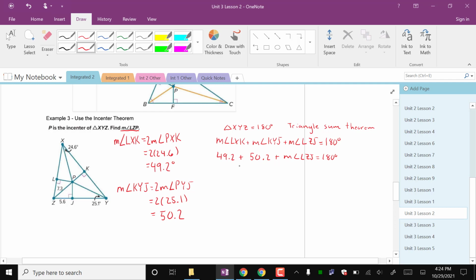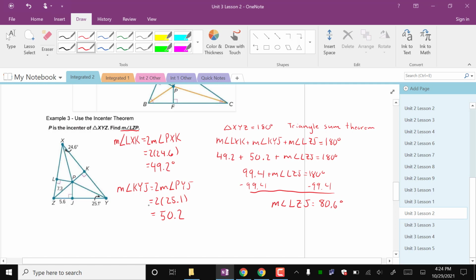So add these two together. 49.2 plus 50.2 gives me 99.4, plus the measure of angle LZJ equals 180 degrees. Subtract 99.4 from both sides. That gives me the measure of angle LZJ equals 80.6.